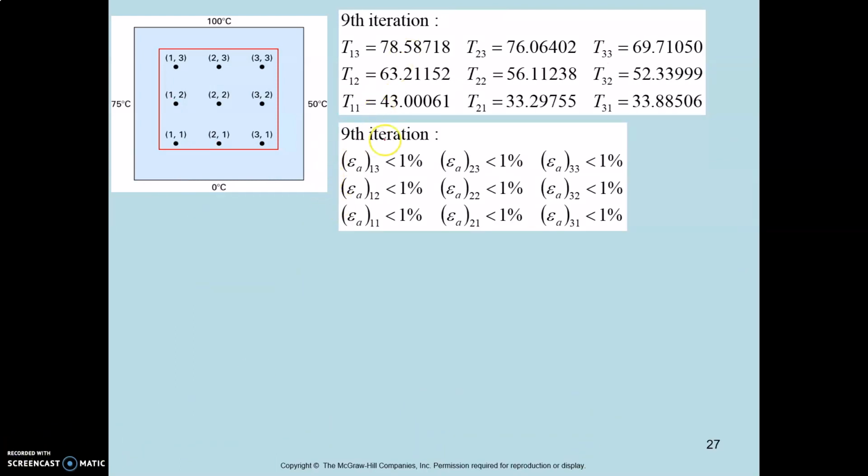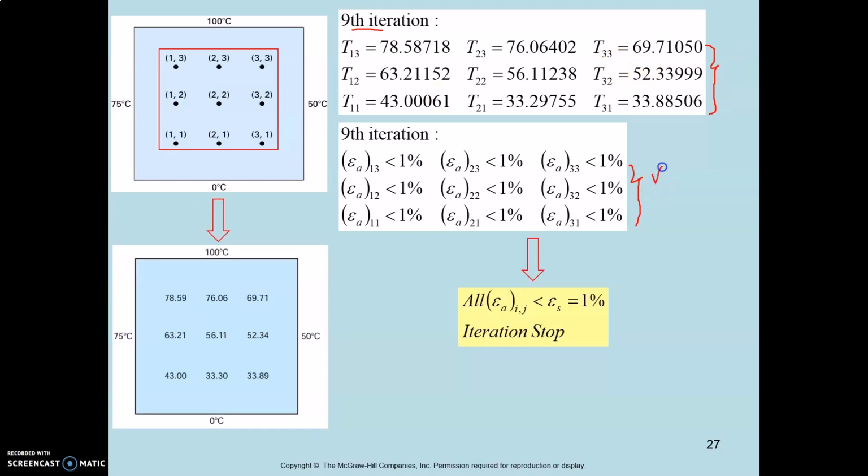If you continue the process, you find that only at 9 iterations do you get all the approximate errors to be less than 1%. So in this case, you can say that the temperature that we obtain here has good accuracy. Since the criteria meet the stopping condition, the iteration stops, and this is our final result.